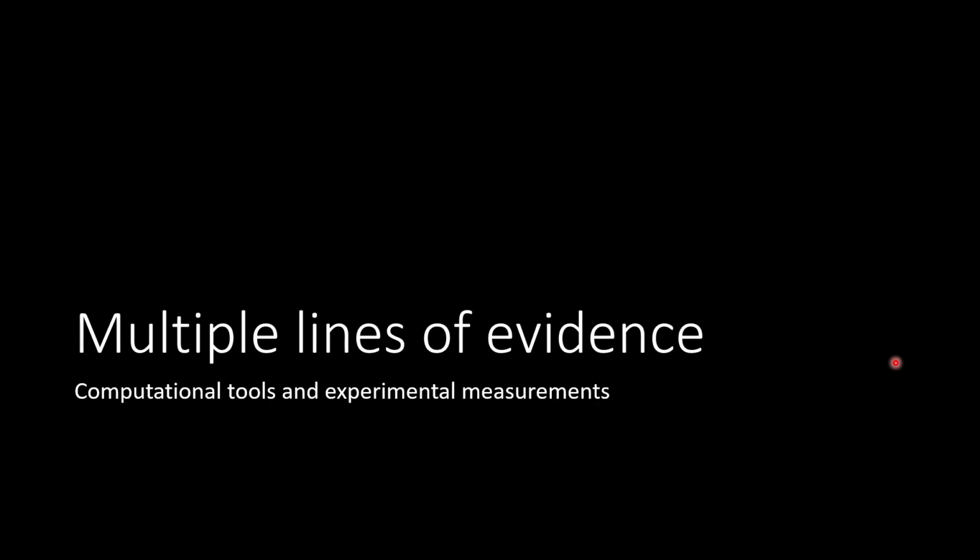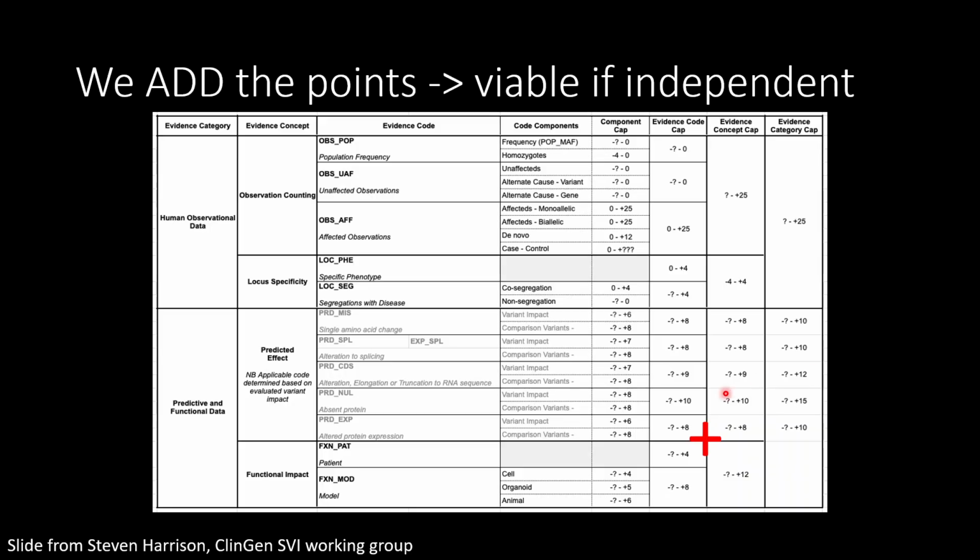Okay, so that's the first part about jointly calibrating multiple computational tools. But we not only have multiple computational prediction tools, but also multiple lines of evidence. For example, we have computational tools and experimental measurements. In the current ClinGen proposal for the next version of the ACMG guideline, we add the log likelihood ratio of predicted effect, which is from in silico prediction tools, and of experimental results.